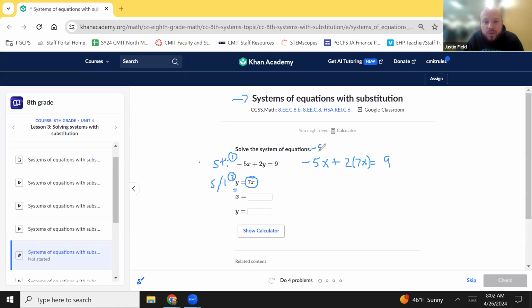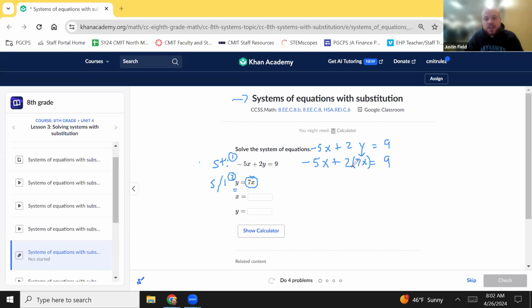Where equation 1 was negative 5x plus 2y equals 9, I have substituted 7x because y equals 7x. That makes both terms have only an x. There's only one letter now, so we can solve it nice and easy.